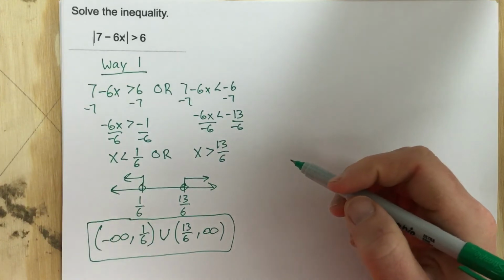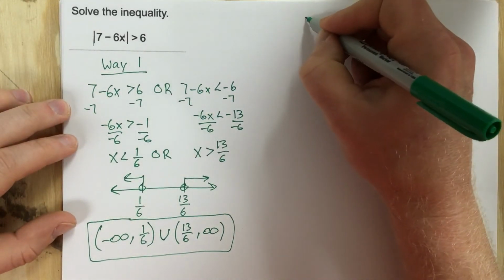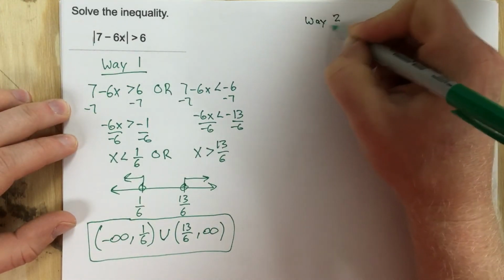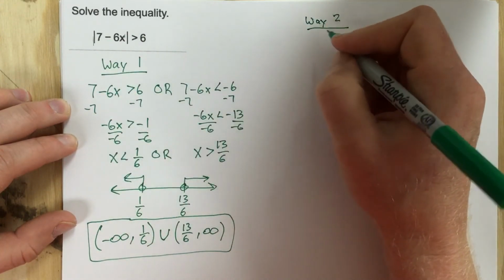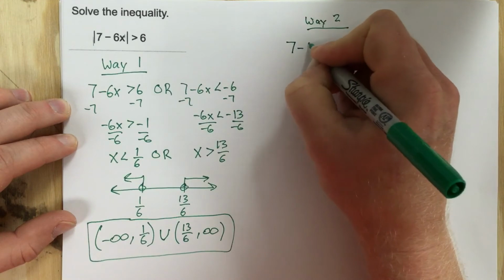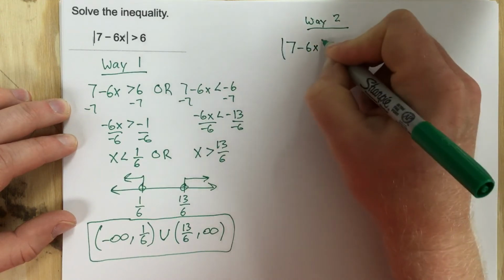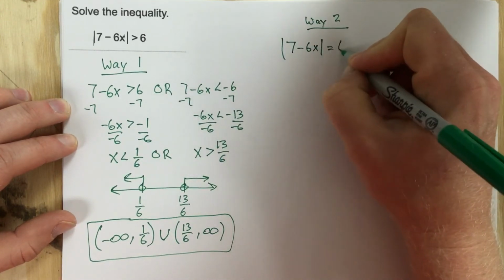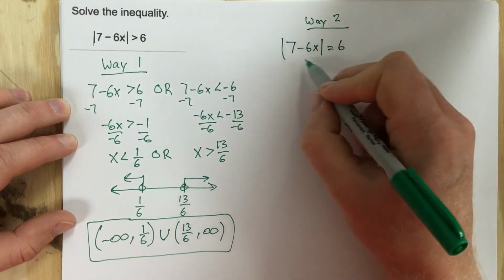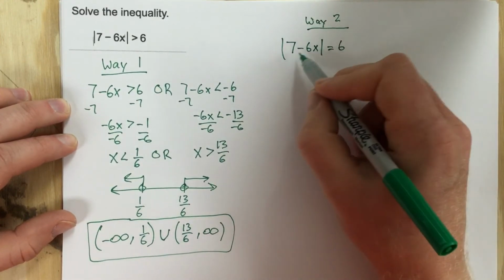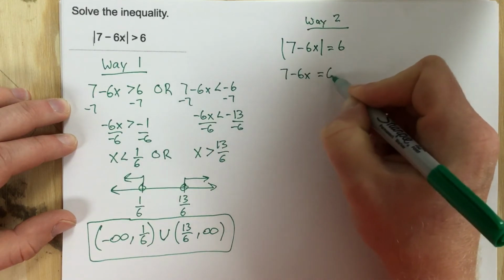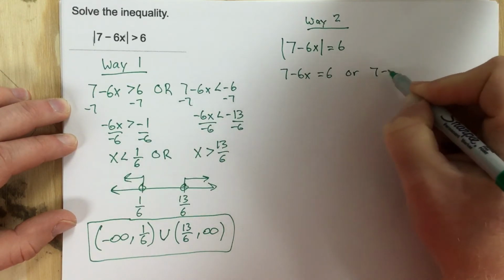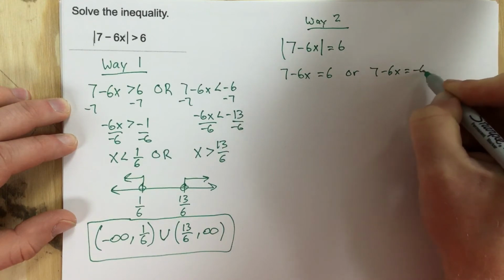The second way to solve the inequality, so way 2, is to take this inequality here, set it equal to 6. So we're going to say absolute value of 7 minus 6x equals 6. And then we're going to solve it for the roots. And when we do that, we say 7 minus 6x equals 6, or 7 minus 6x equal negative 6.